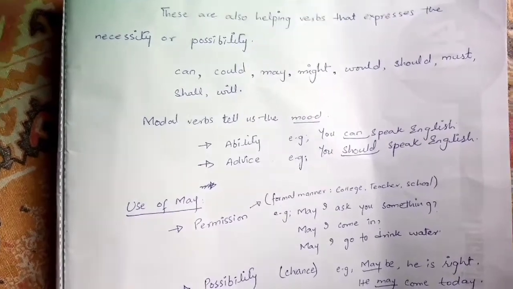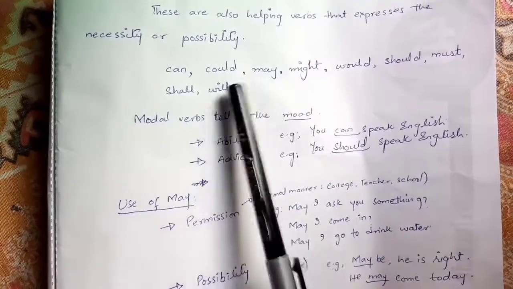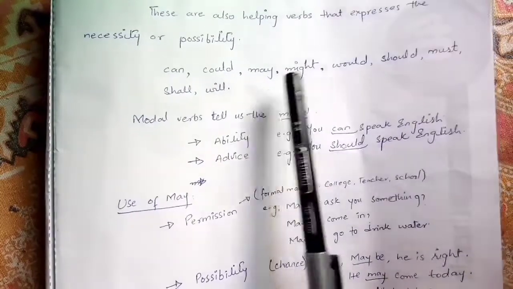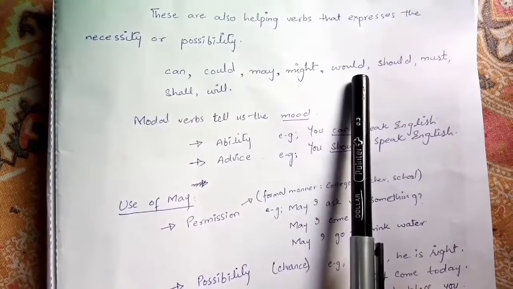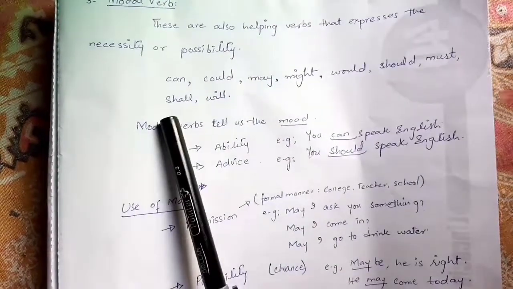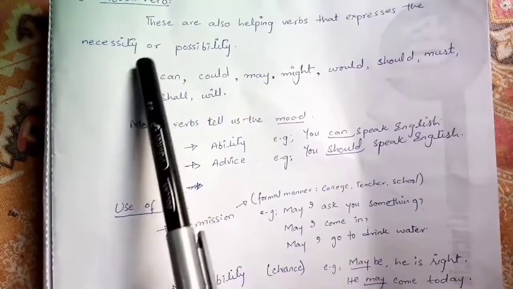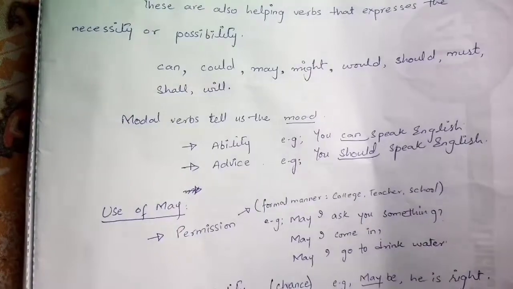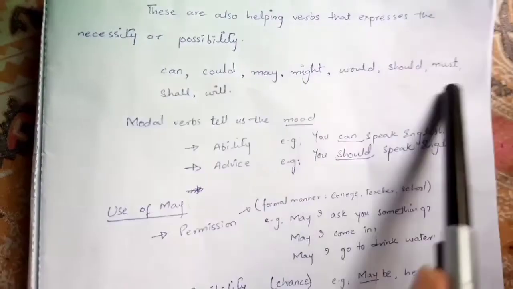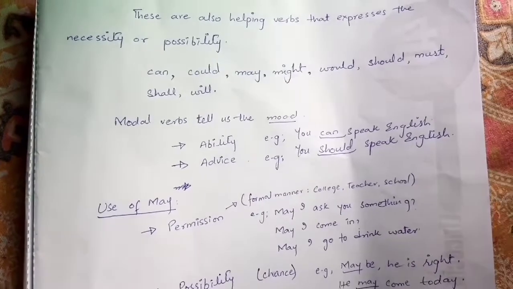The clue words will be can, could, may, might, would, should, must, shall, will. If these clue words are present in any sentence, then it is a modal verb.